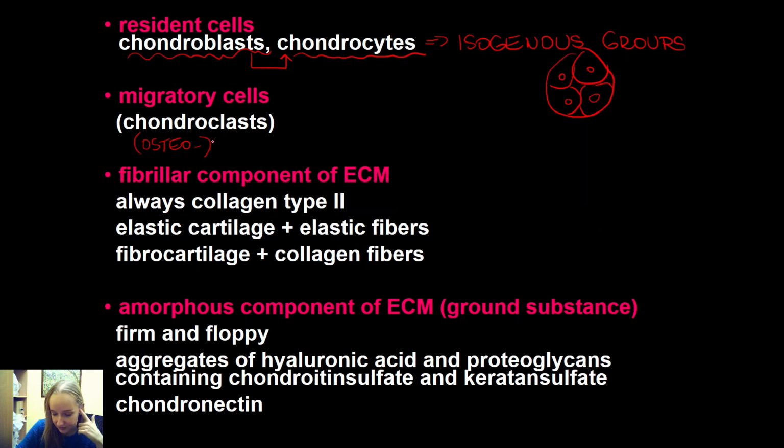And this happens only during cartilage remodeling, in the process of bone formation. So when you want to form a bone, you need this cartilage model first. Then you resorb this model or completely destroy it, and you form bone in that place.